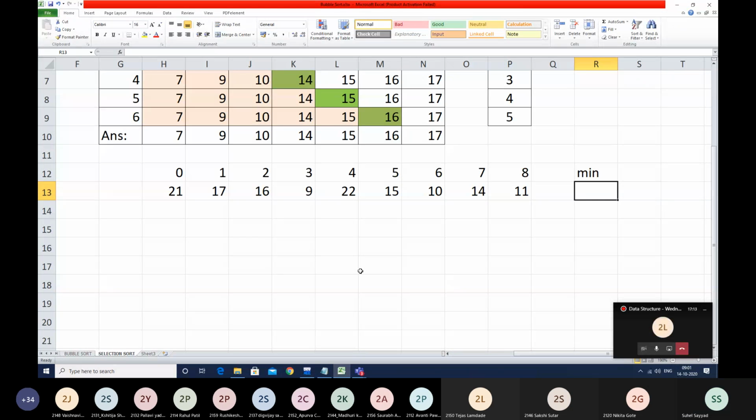3. 3 was the first min value. So there was a swap between 9 and 21. Rest of the numbers remain as they are. What is the next min value that you found?